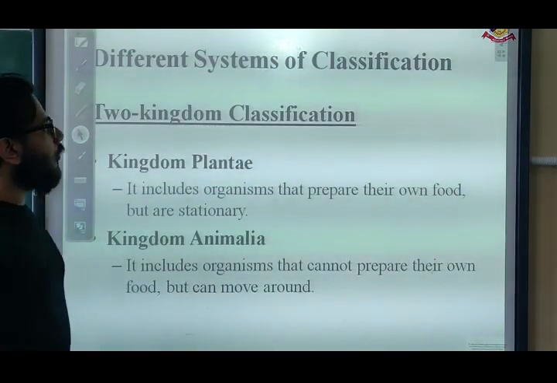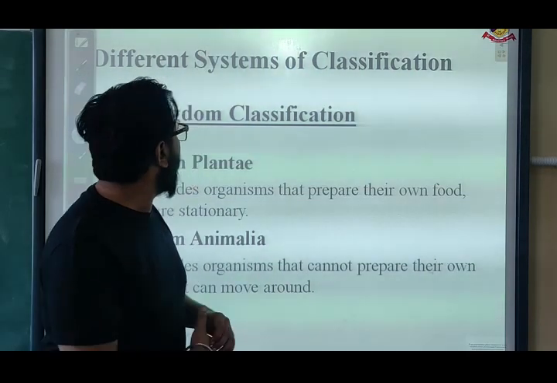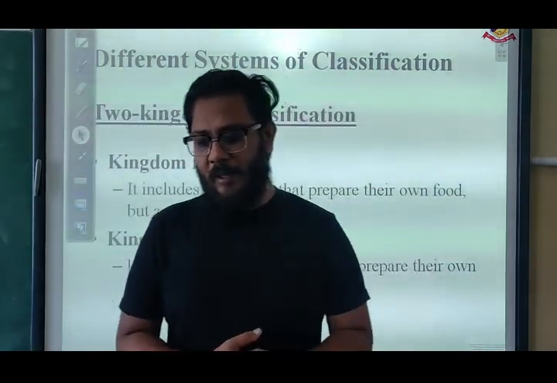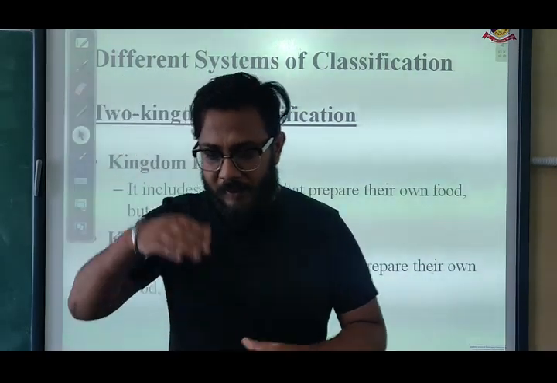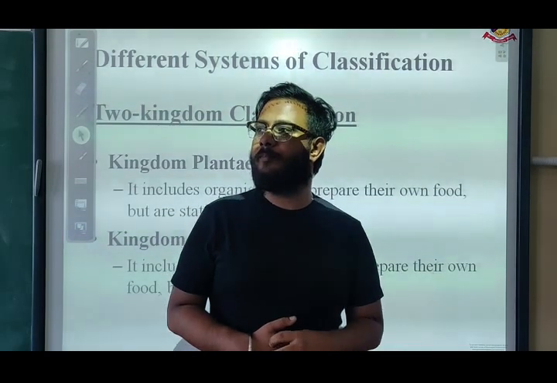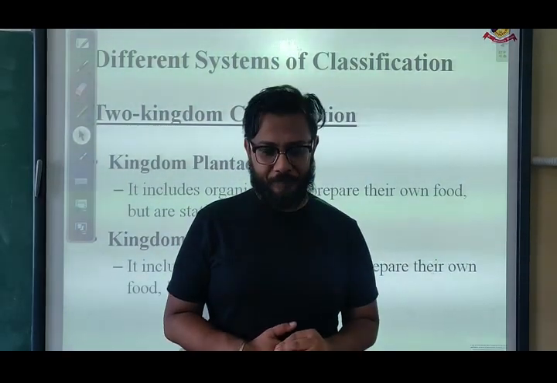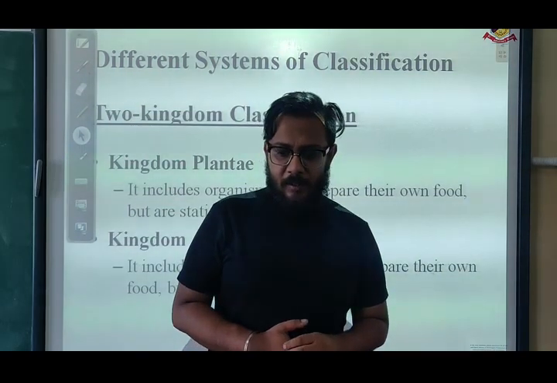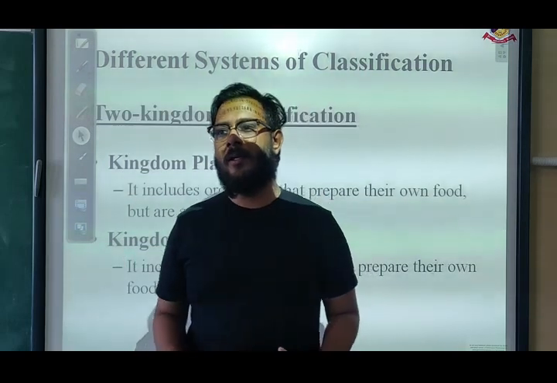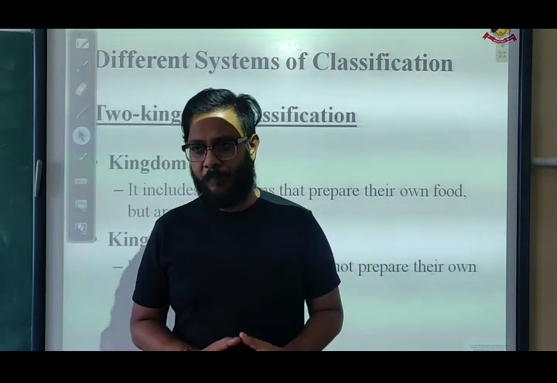Now we'll move on to different systems of classification. Okay, when people started coming up with systems for classification, there were a lot of discussions, a lot of studies, a lot of papers were written, a lot of thinking, a lot of process went through.